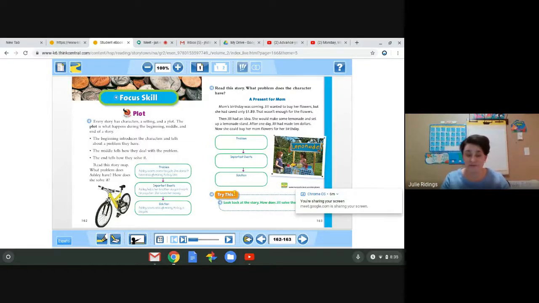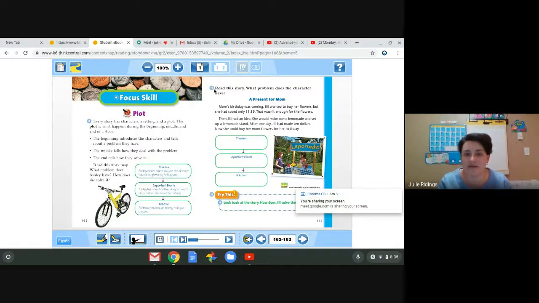She saves her money. So those are the things she's doing to solve her problem. She's trying to save the money. Solution. Ashley saves enough money to buy a bicycle. So how does she solve the problem of not having enough money for the bike? She does chores to help her brother and earn the money. Okay? Let's look on the next page.